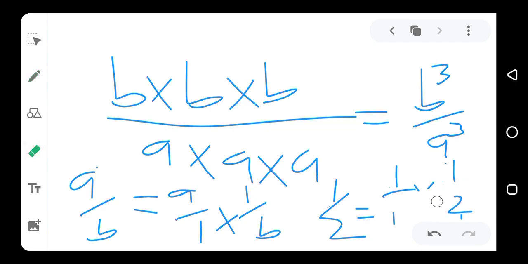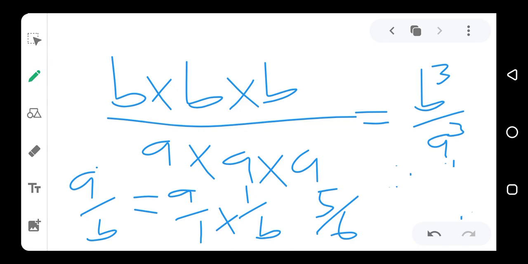The same way, if you have 5 over 6, it is the same thing as saying the one on top, 5 divided by 1, then separate with multiplication, and then say 1 divided by the one below, which is 1 divided by 6.